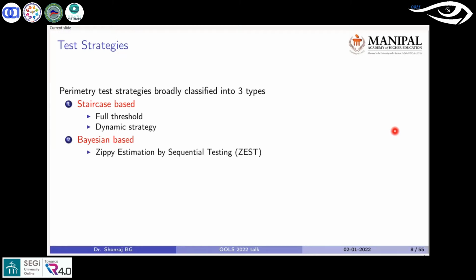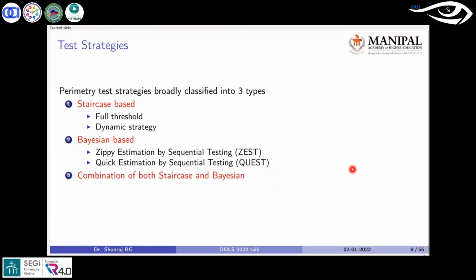Under the Bayesian based, you have ZEST, whose full form is Zippy Estimation by Sequential Testing, which is implemented in the Medmont perimeter, and QUEST, which is basically not implemented in any of the perimetric test procedures. But we still use it as an adaptive psychophysical test procedure for many psychophysical tests.